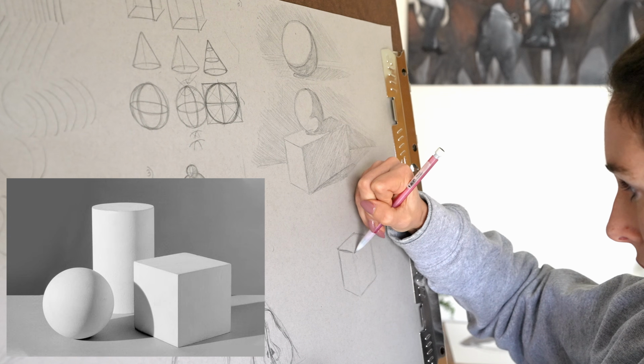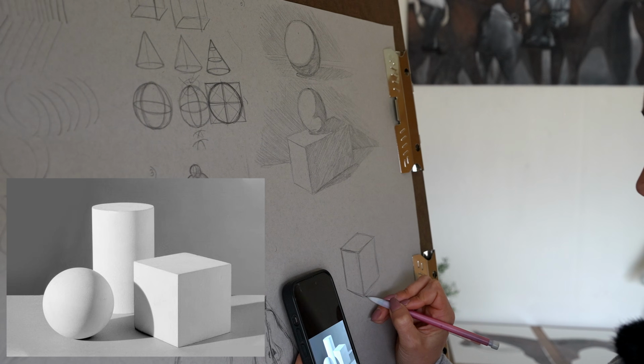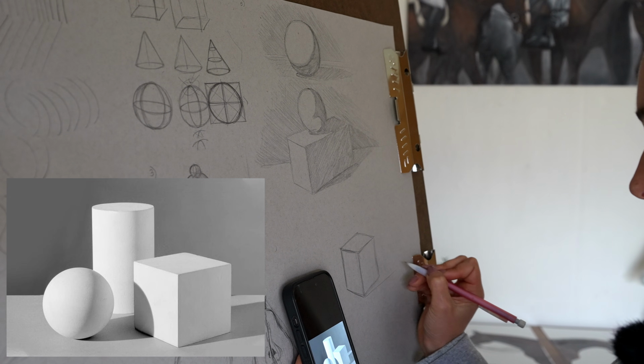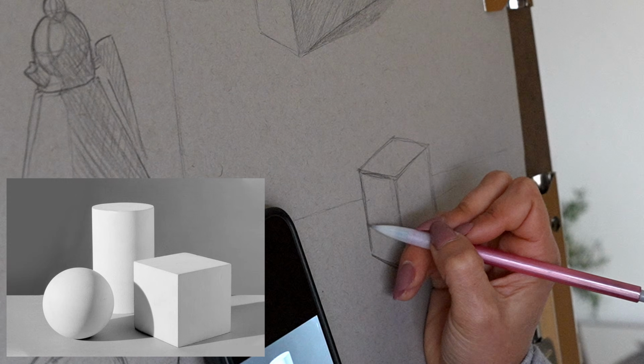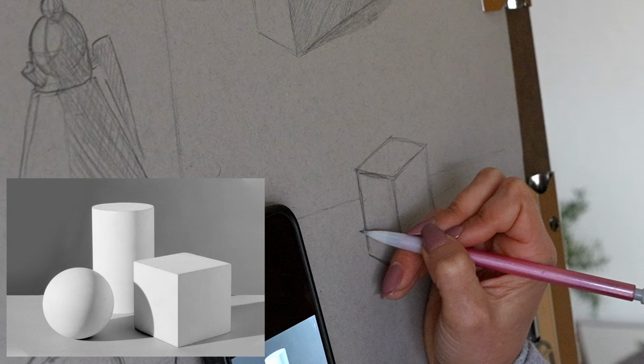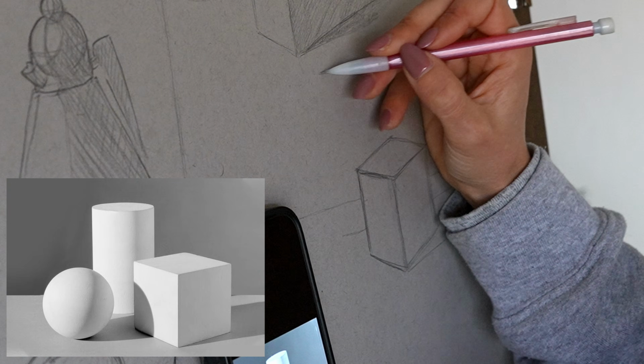This is why I wanted to start with a square, because squares are so specific. Very direct, like that, and then about up there. Then I've got a cylinder in the back, so it's about there, goes to about there.